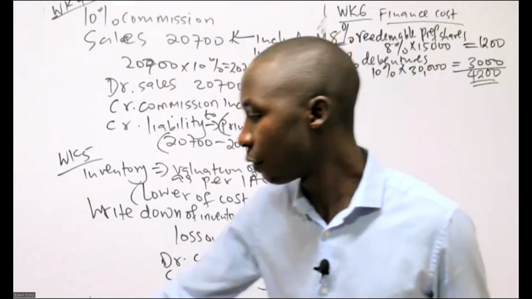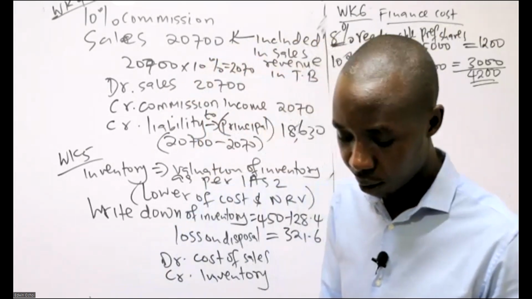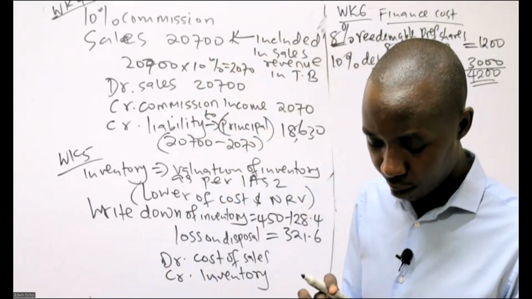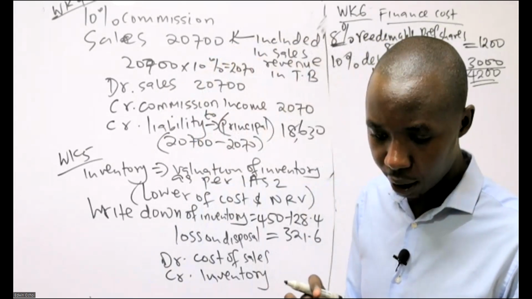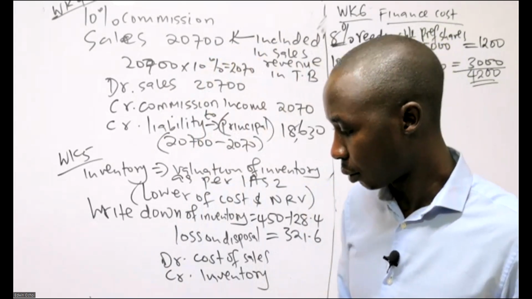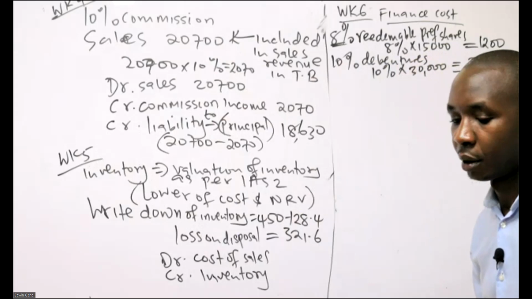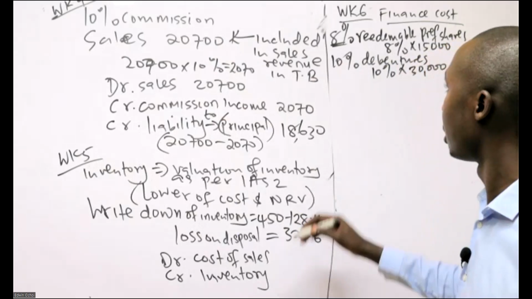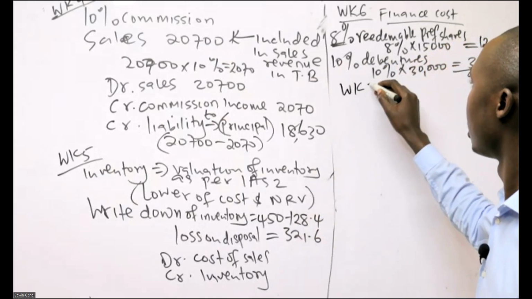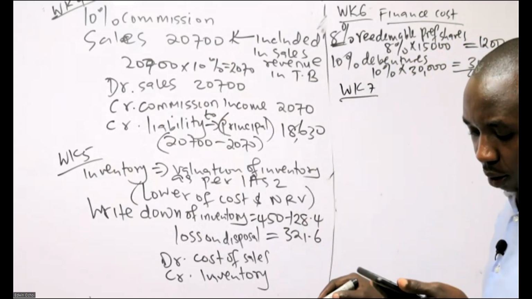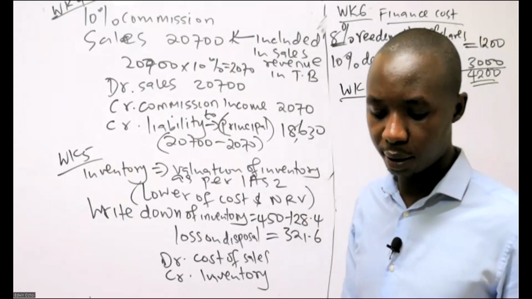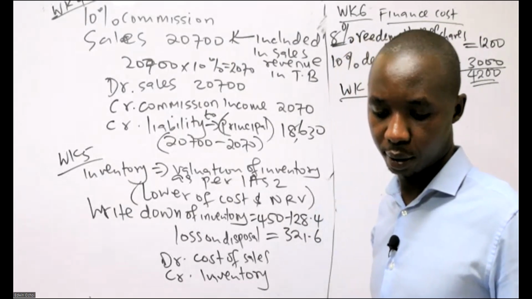Then finally, we have the last additional information to interpret, additional information number 8. Additional information number 7 is just tax, at 30%.